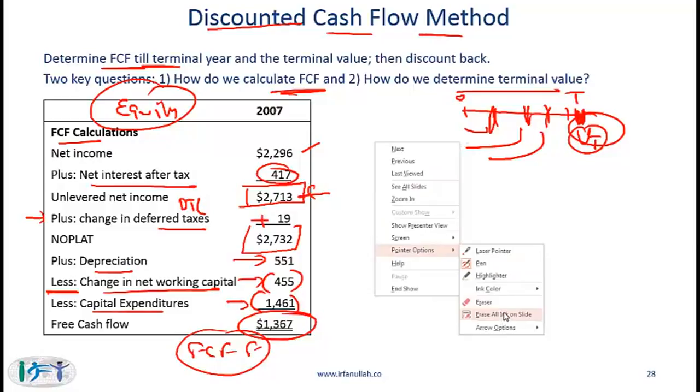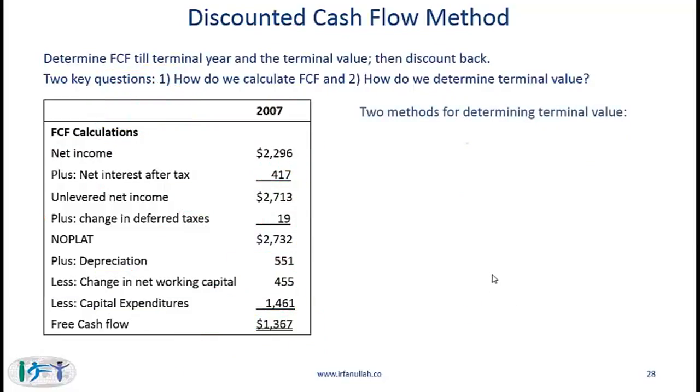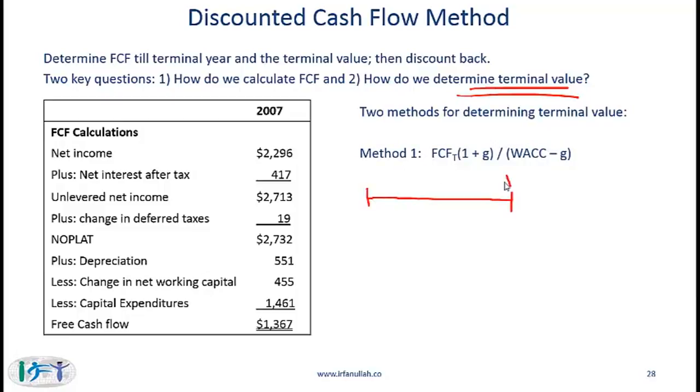Then what is the second question? The second question is coming up with the terminal value, and there are two ways of coming up with the terminal value. One is to use the Gordon growth model. So you say that, look, if this is time t, the terminal year, you come up with your free cash flow for the terminal year and assume that after the terminal year, the free cash flow will grow at a perpetual rate of g.